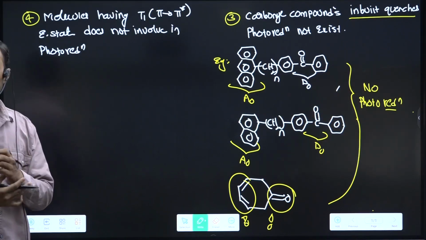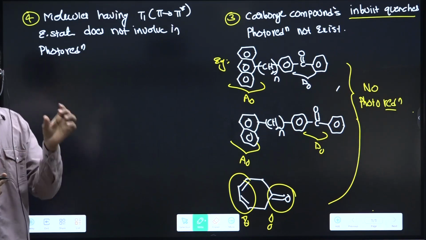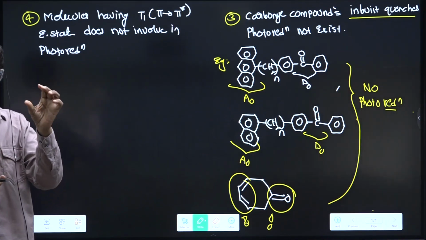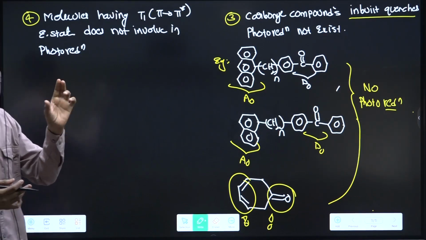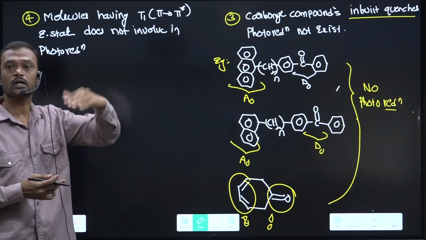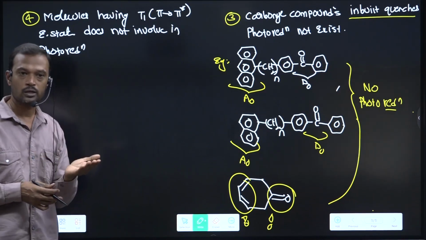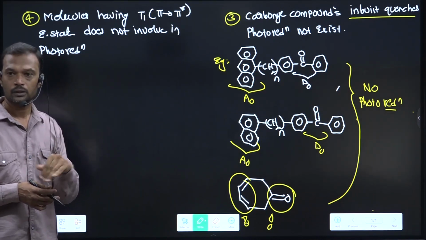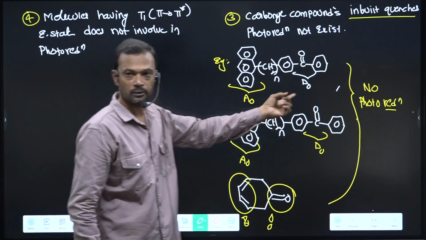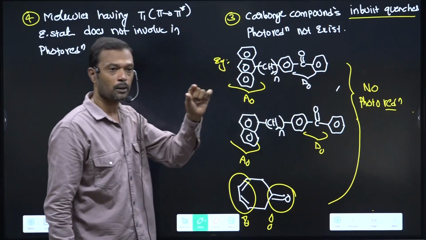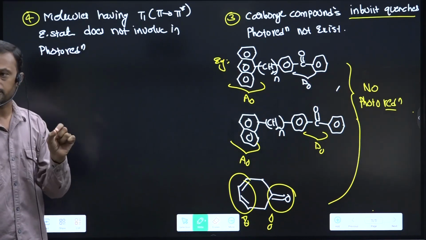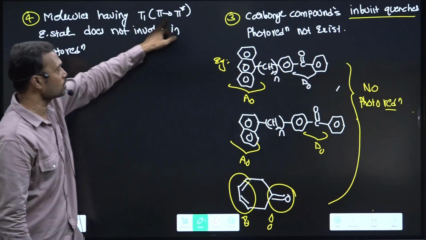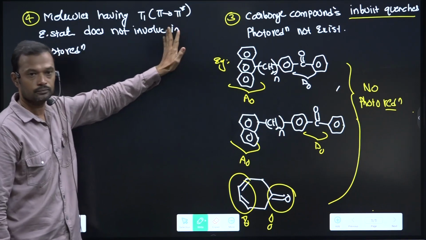See, according to Kasha's rule, whichever transition has the lowest energy absorption, only that will participate in the reaction. Low energy absorption is what? n to pi star. That's why photoreduction is possible. But in some carbonyl compounds, low energy is not n to pi star. Low energy is pi to pi star. So such molecules never get involved in photoreduction.